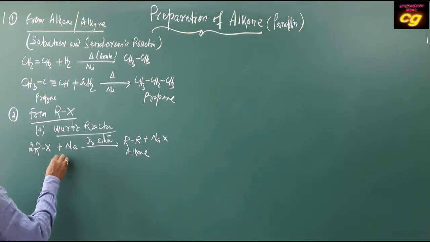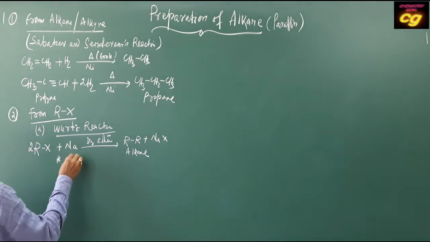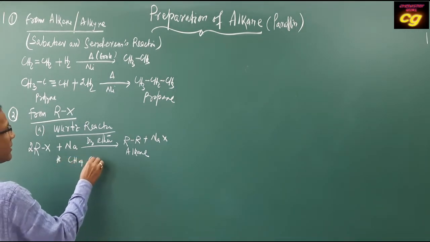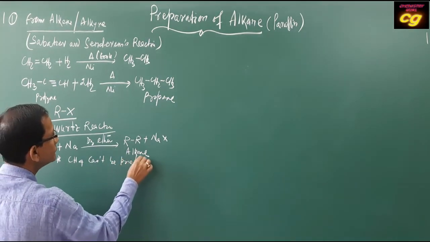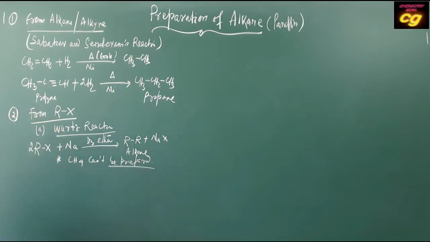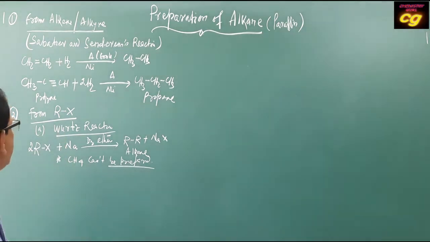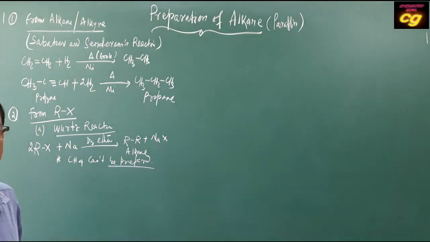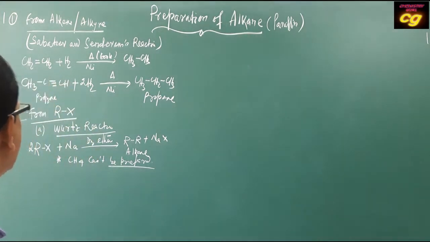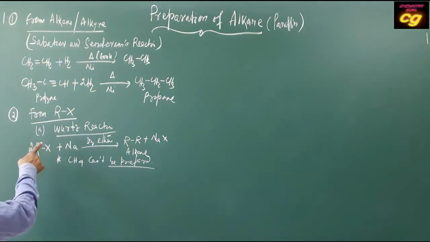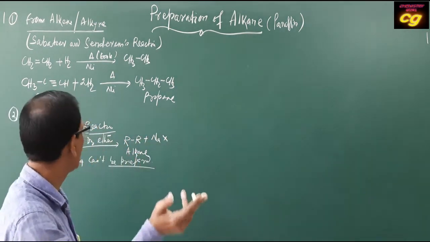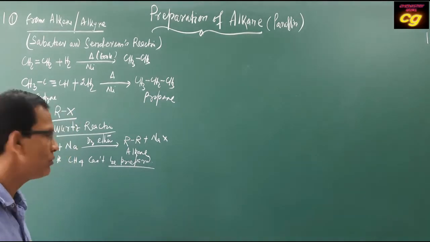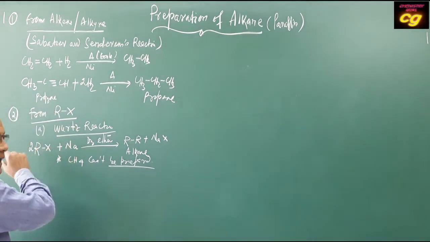That's why, very important, remember that methane cannot be prepared by this method, because during the Wurtz reaction, as per the mechanism, 2 molecules take part in the formation of alkane. Whether an odd or even number of carbons is produced depends upon the haloalkane used.